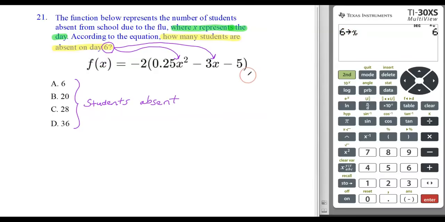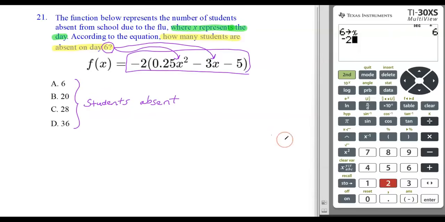The final step is to enter this piece here, this right-hand side, into the calculator, and then we'll be done. So let's start with the -2. Actually, you know what? Let's clear this out so it's easier to see. We'll start again. Just hit clear so the screen's clear. -2. Open parenthesis here. 0.25 x squared.